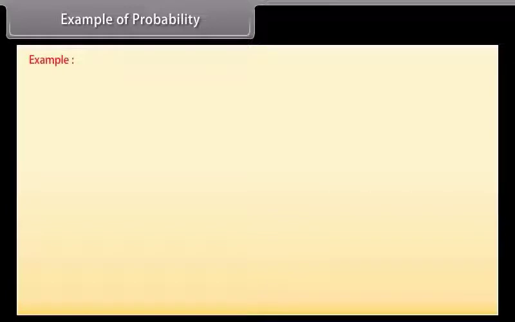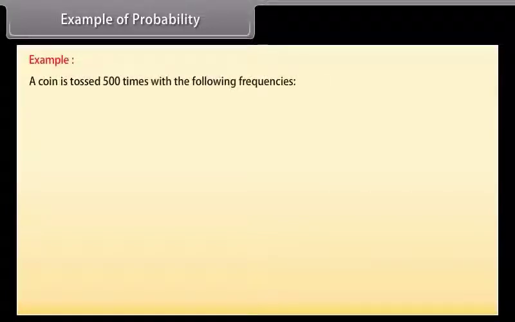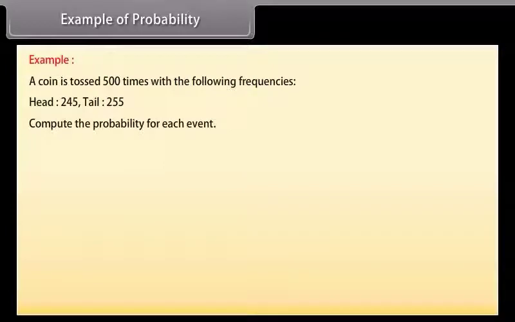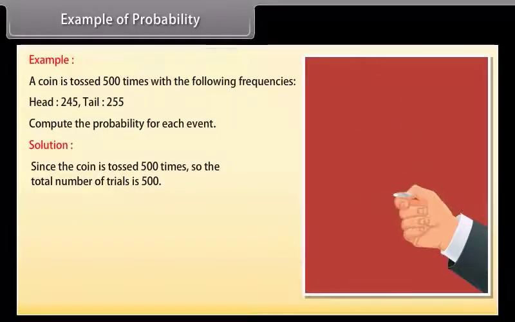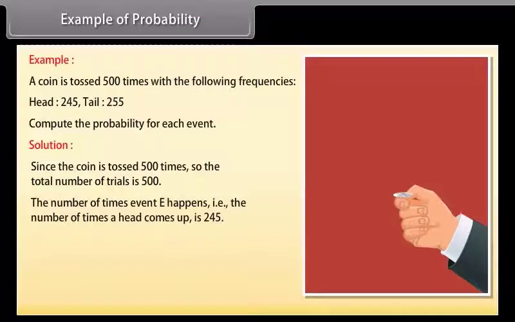Example of probability. Example. A coin is tossed 500 times with the following frequencies. Head 245, tail 255. Compute the probability for each event. Solution. Since the coin is tossed 500 times, the total number of trials is 500. The number of times event E happens, that is, the number of times a head comes up, is 245.